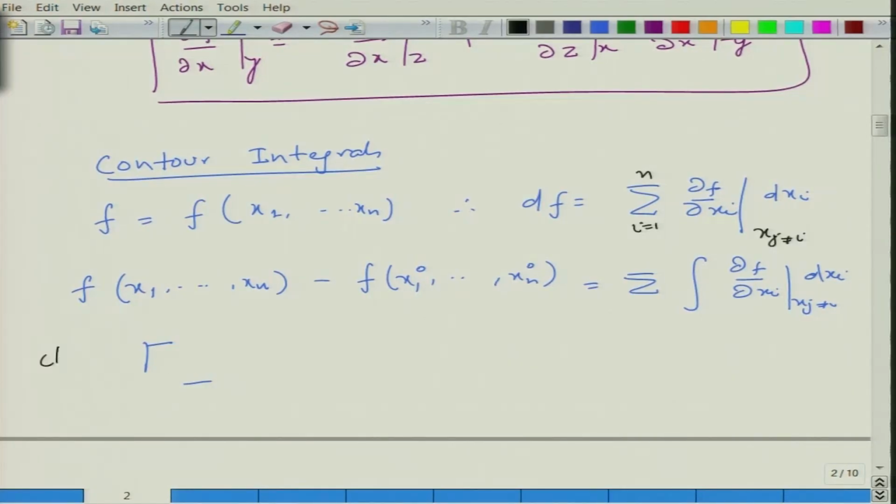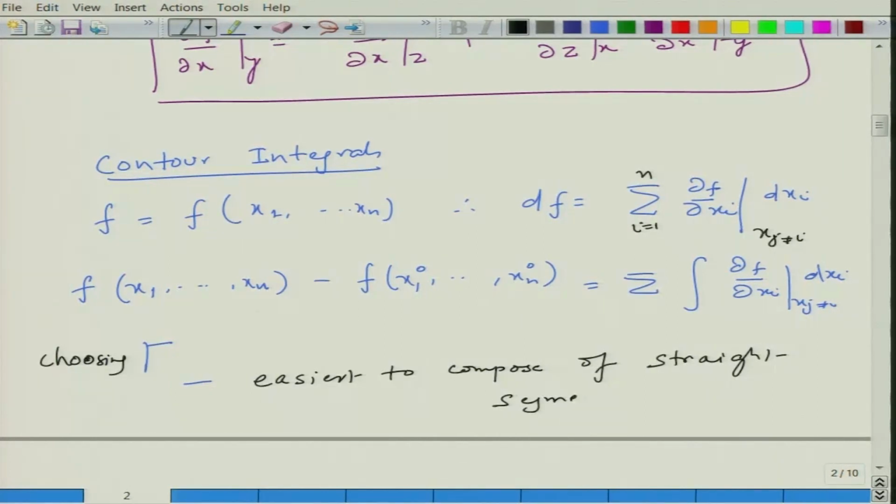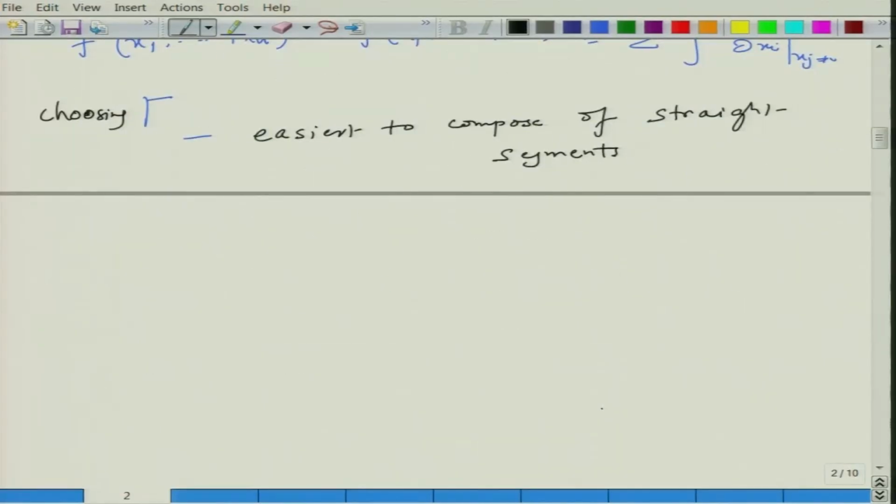So, choosing gamma or path is sometimes tricky business, but the easiest would be to compose this path of straight lines, or straight segments. Okay. So, let us try to demonstrate this.